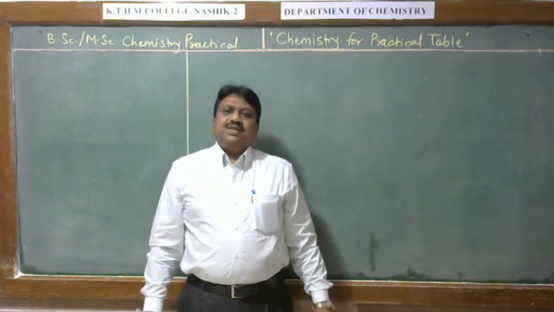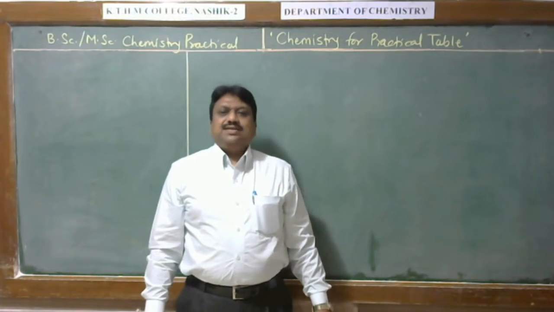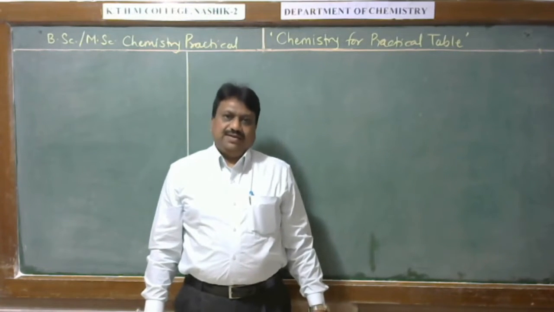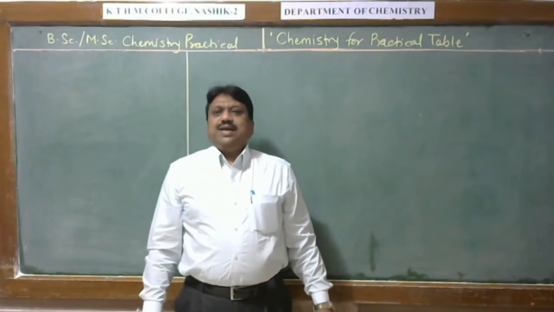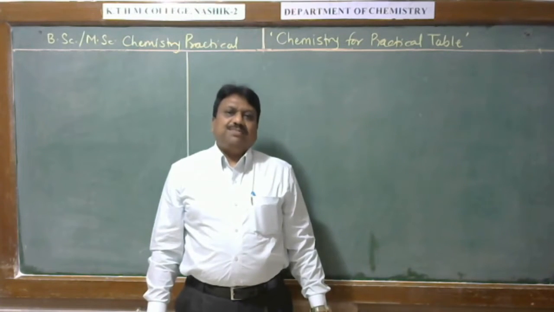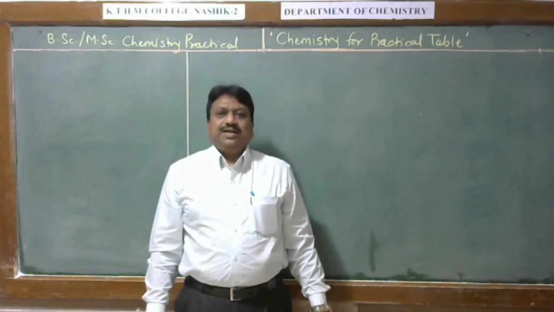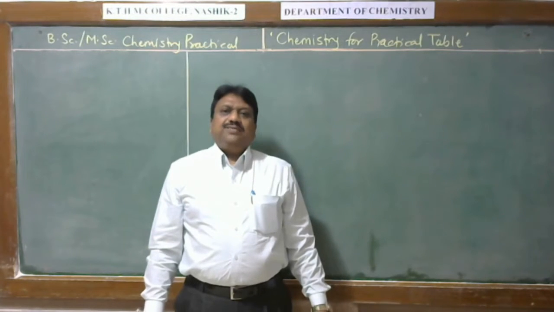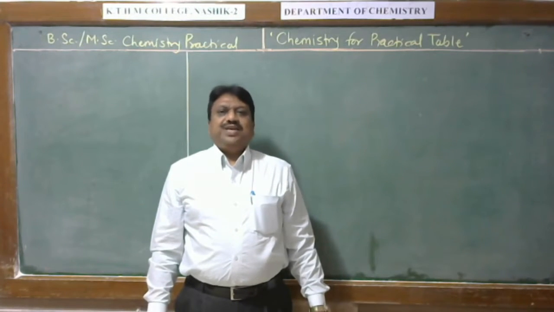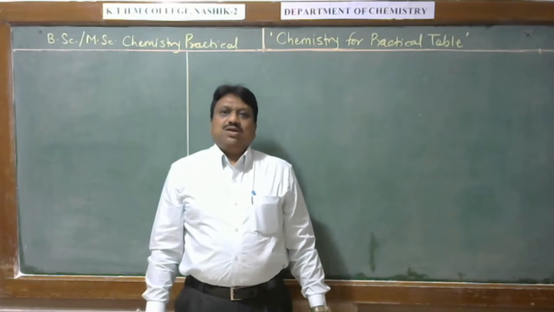Student, in previous lecture we discussed the chemical analysis and different areas of chemical analysis. We know that chemical analysis is the resolution of sample into its proximate or ultimate parts and identification as well as determination of each proximate part for determination of composition of the material.